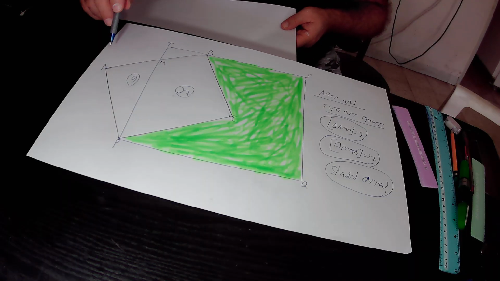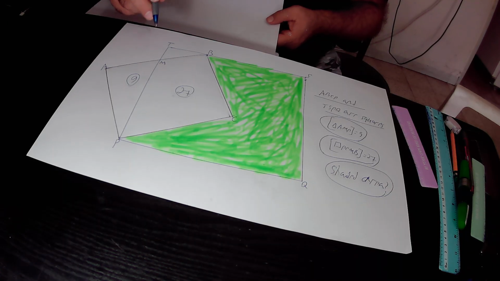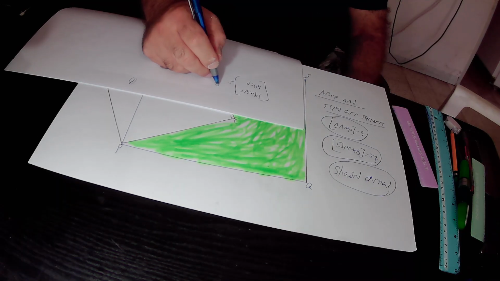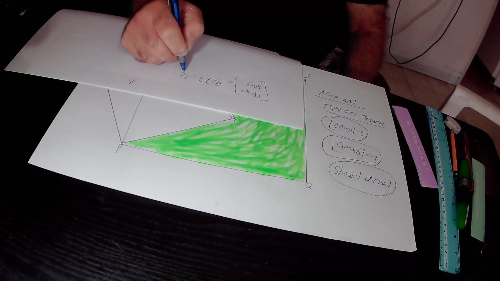So the area of square ABCP in total equals 9 plus 27. 9 plus 27 is 36 square units.